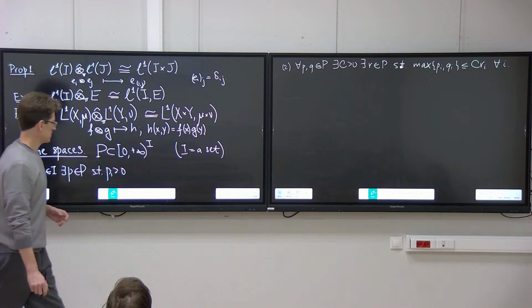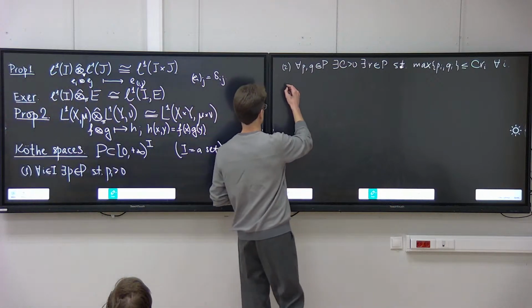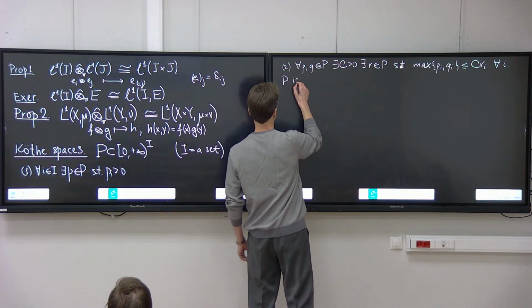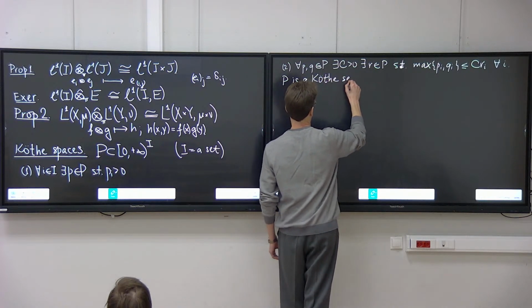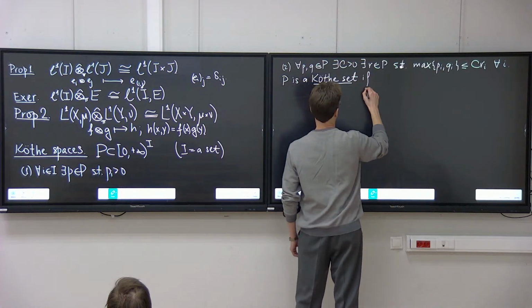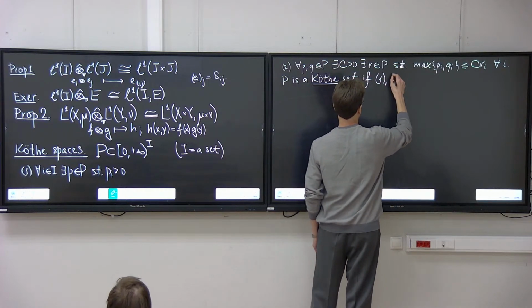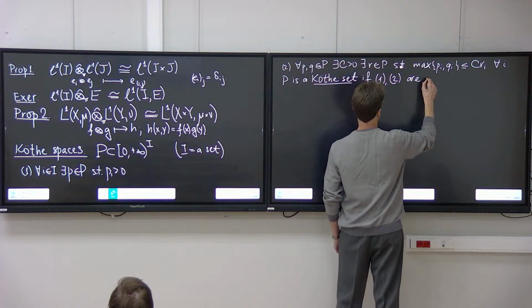So if these conditions are satisfied, then we say that P is a Köthe set, if conditions 1 and 2 are satisfied.